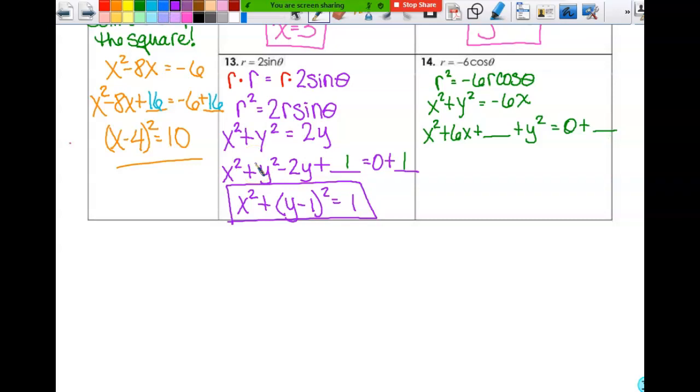What number am I going to have to add to both sides? 9. Add 9 to both sides. Why is it 9? I take half of this and square it. So this is x plus 3 squared plus y squared equals 9.